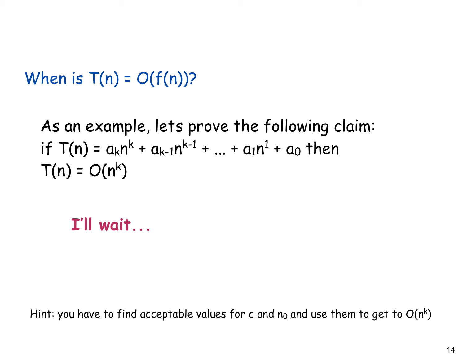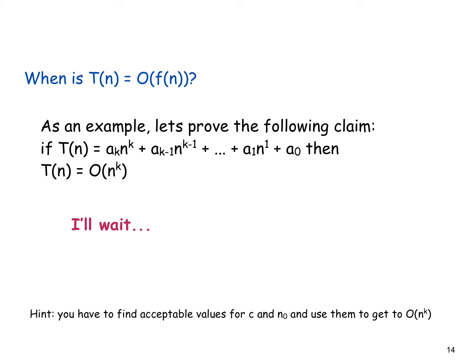Okay, so some examples, some questions. When is t of n big O of f of n? So, as an example, if we have a function t of n, which is a sub k times n to the k plus a sub k minus 1 times n to the k minus 1, all the way down, that's clearly a polynomial of order k.